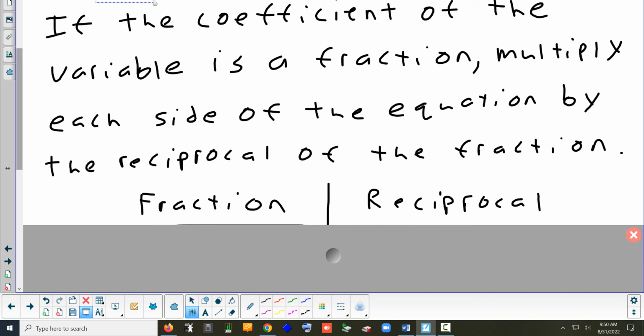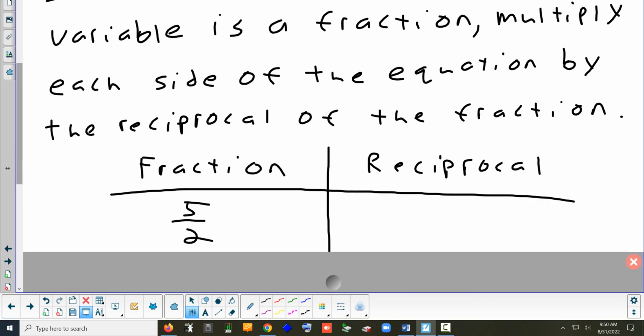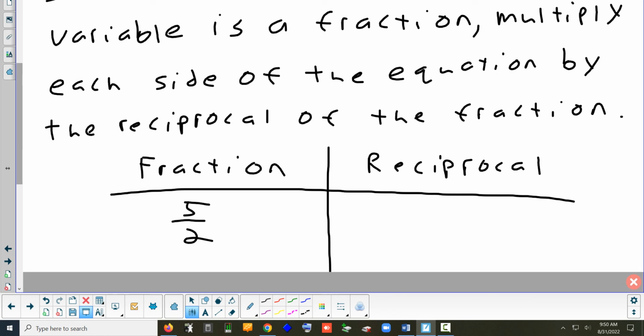So on your guided notes, you guys have a table right below the part you just wrote. It says fraction on the left, it says reciprocal on the right. And what we're going to do is see if we can fill in some numbers for a fraction, and then I want you to tell me the reciprocal.